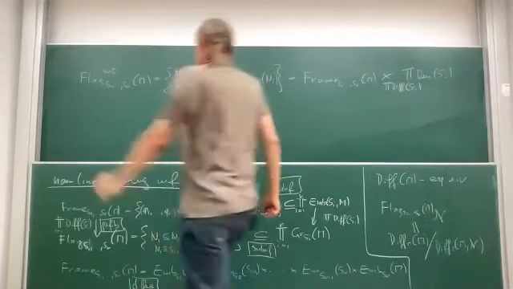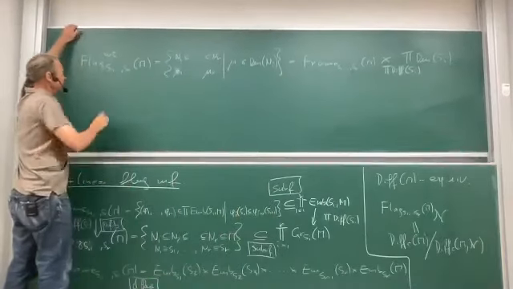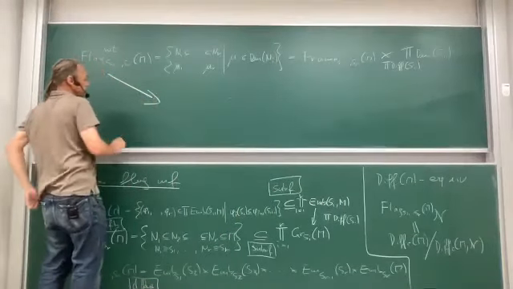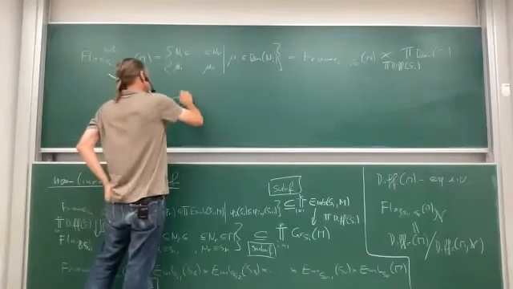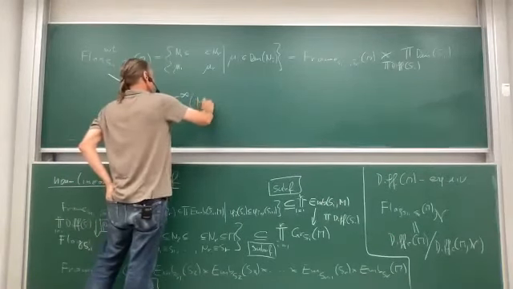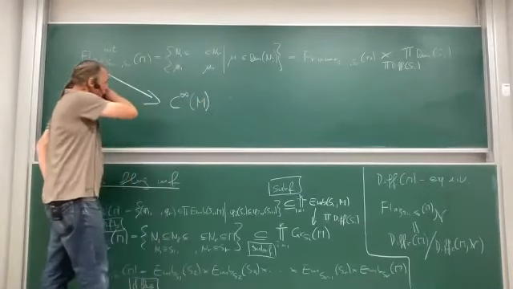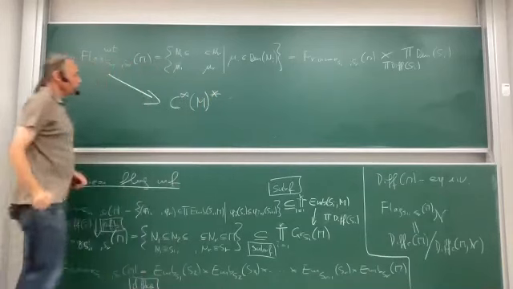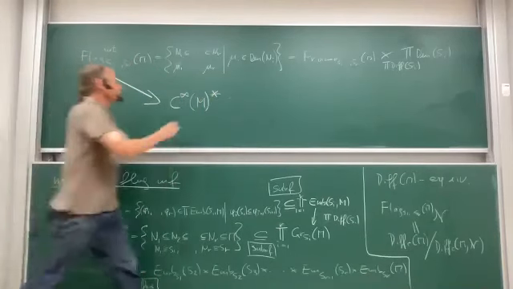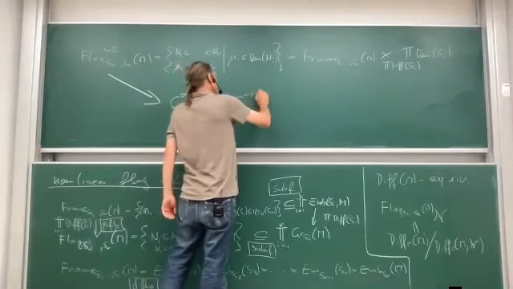And what is this good for? From this set, you have a function that takes you to C infinity, to the dual space of the functions. So these are these distributional densities.